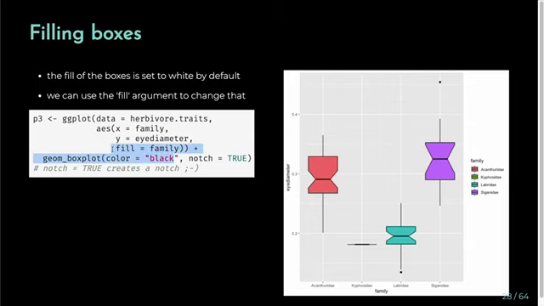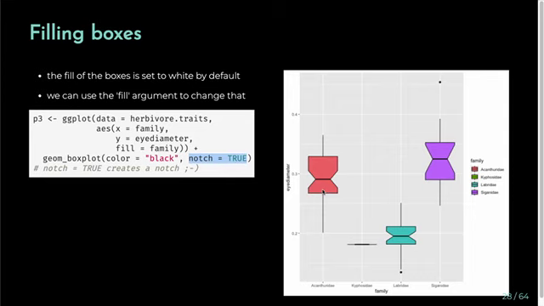Note that I'm specifying color equals black here, so that makes sure that the outline of these boxes is still black. I could specify that to be any other color as well. And just a note here, I'm specifying notch equals TRUE, and that just creates this little notch that goes towards the median, which gives you a little more information about the distribution again.